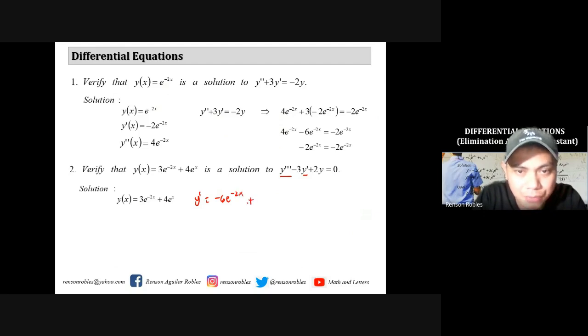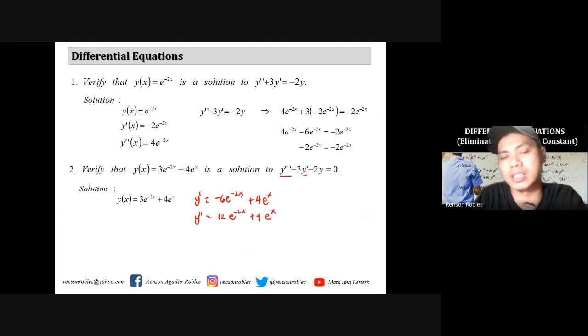Plus, you just copy 4, and you know that the derivative of e to the x is still itself, e to the x. Then y double prime equals, you copy e to the negative 2x, differentiate negative 2x, that's negative 2, multiply by negative 6, that gives you positive 12. Then you copy 4, and differentiate e to the x again, which is still itself.